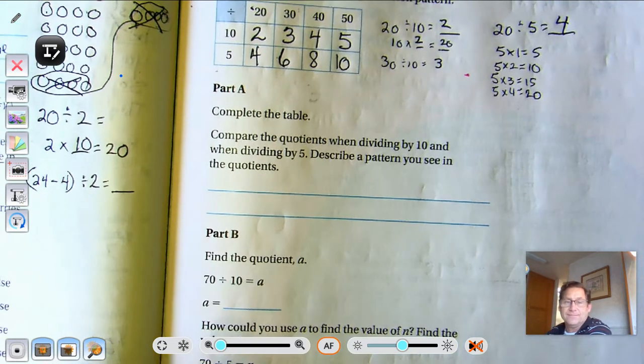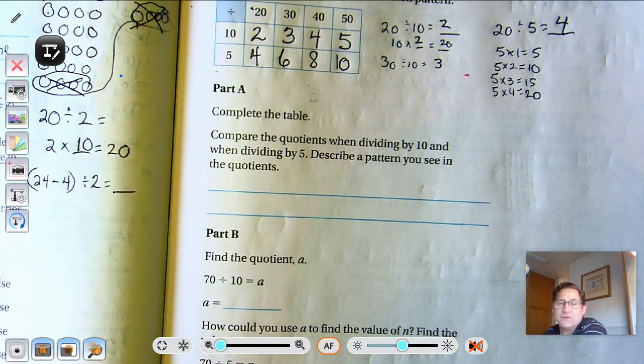Complete the table. We did. Compare the quotients when dividing by 10 and when dividing by 5. Describe a pattern you see in the quotients.